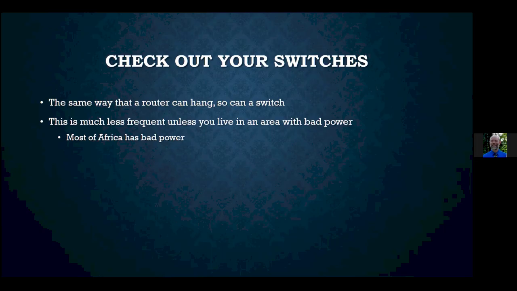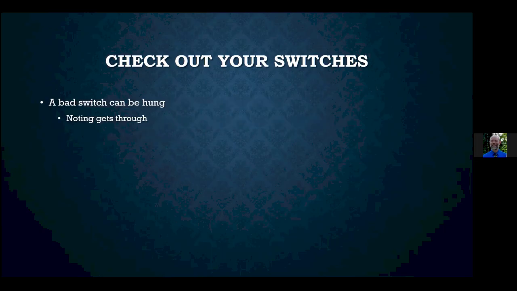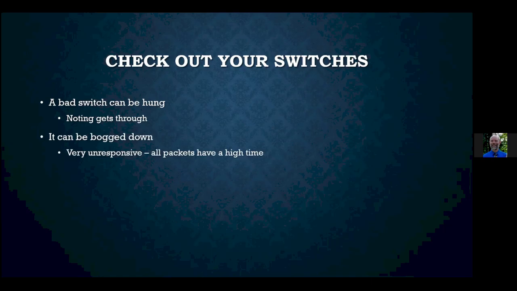So a bad switch can be hung, and a hung switch means that it doesn't pass any traffic through it at all. It can be bogged down, so it can be really slow, and so everything that goes through it just comes out really slowly.